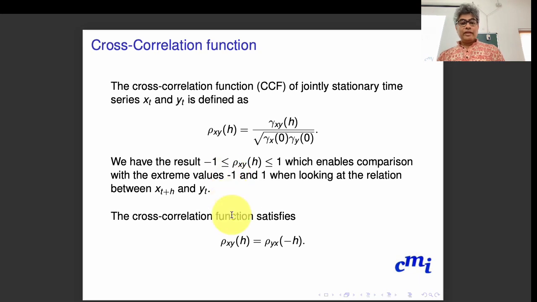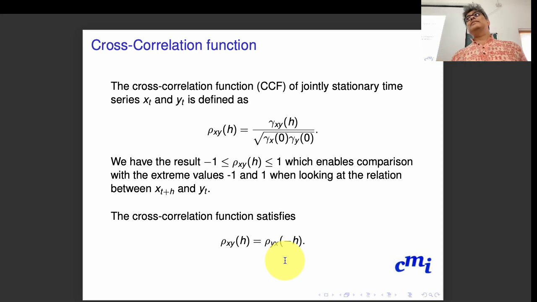Depending on whether you take xy or yx, if it is stationary, they will be symmetric. The symmetry will hold if it is stationary. But if the symmetry does not hold, you can check it by calculating the correlation between x and y at lag h and at lag minus h.